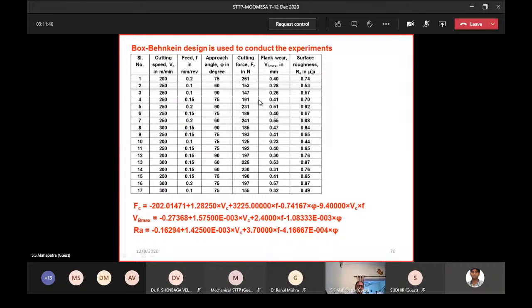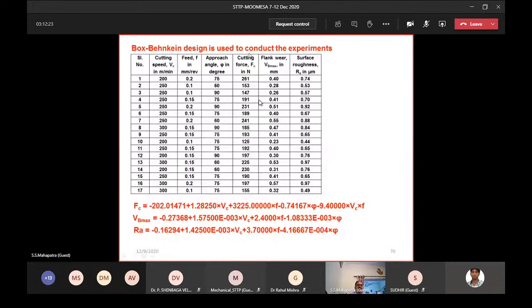You see, the equations are developed. These are empirical relations that have been developed. This is the cutting force, FC, in terms of cutting speed, feed, and the approach angle. This cutting force equation has been developed. Similarly, the flank wear equation has been developed, and the surface roughness equation has been developed.